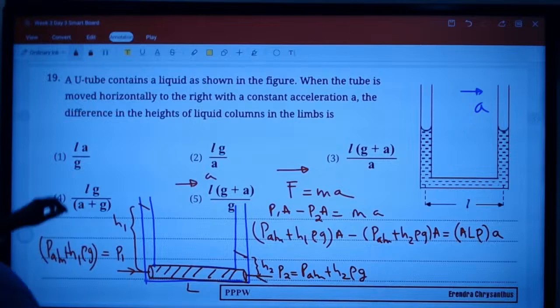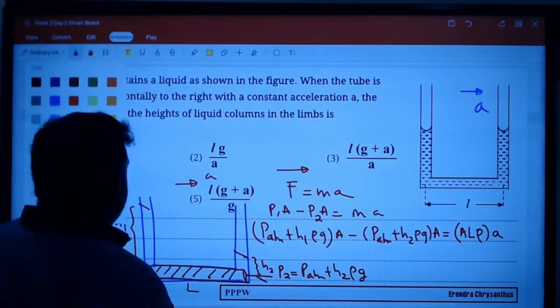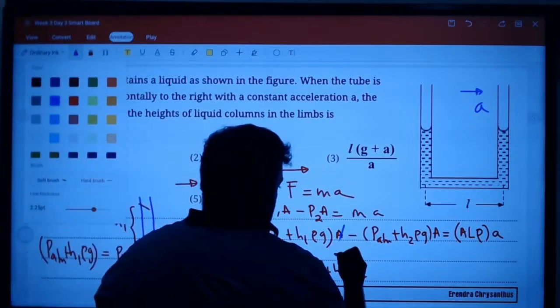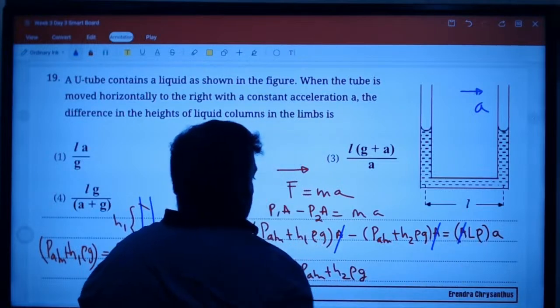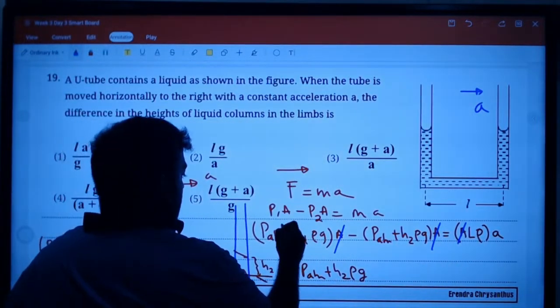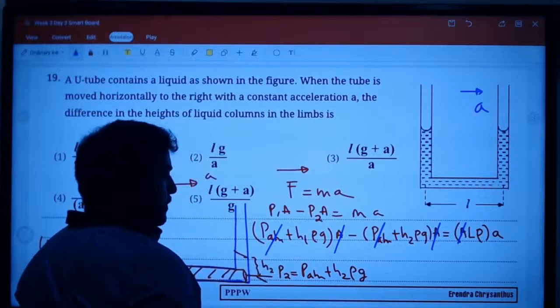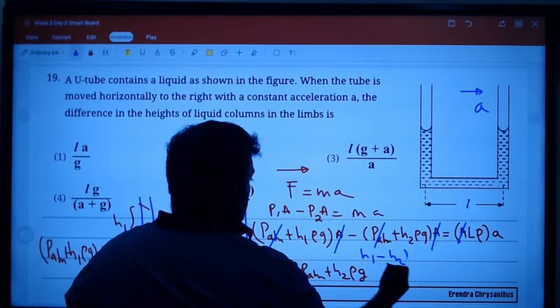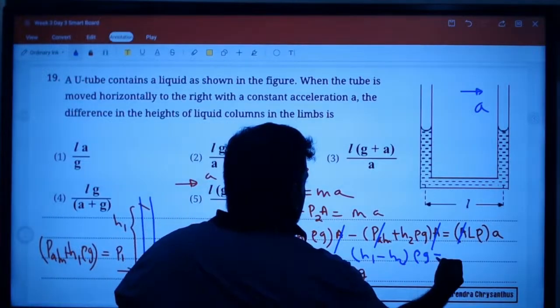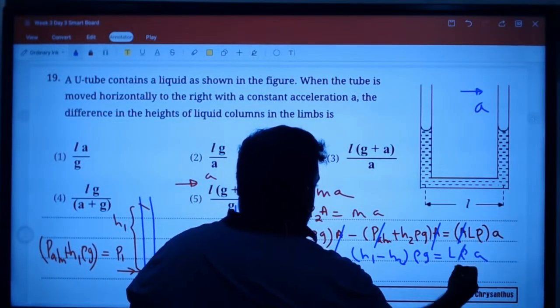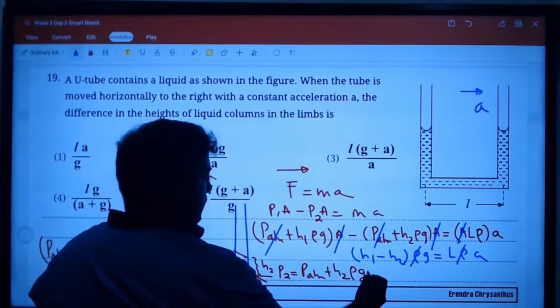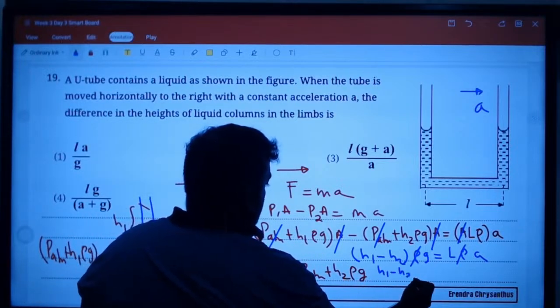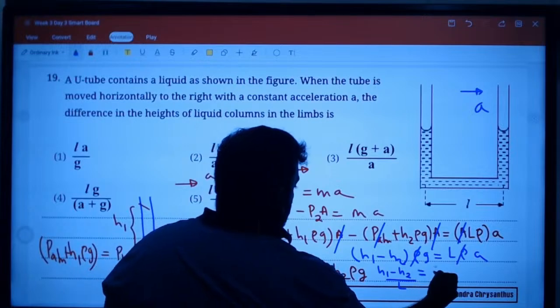A cancels off. PATM cancels off. h1 minus h2 times rho g equals L rho a. Rho cancels off. h1 minus h2 divided by L equals a over g.